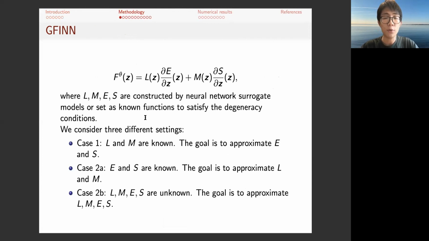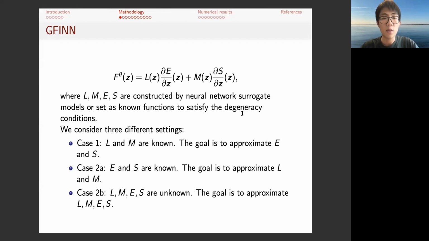Our approach is to parameterize the right-hand side of the equation, L dE/dz plus M dS/dz. We parameterize each of these four, L, E, M, and S, as a neural network.